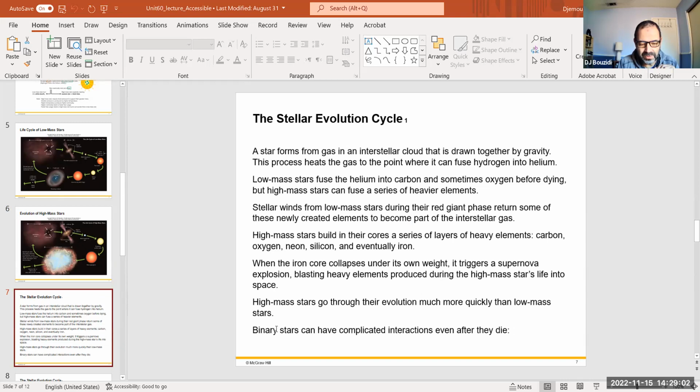And I mentioned the fact that if it's part of a binary, the process can be complicated. Whether it was a binary with one big star and one small star, or a low mass star or a high mass star, you will have a neutron star with a neighbor. And then at the end, that neutron star starts to feed off of its neighbor and then can go into a supernova. And this is one type of supernova.